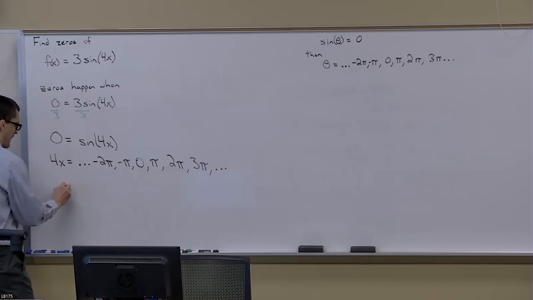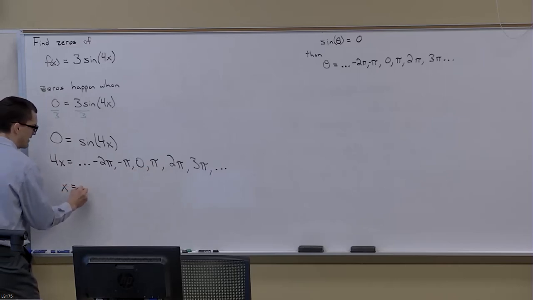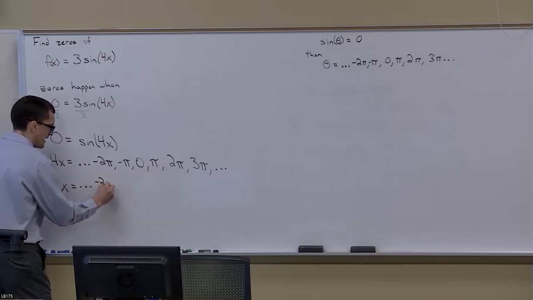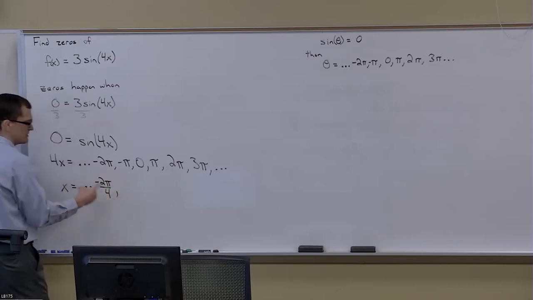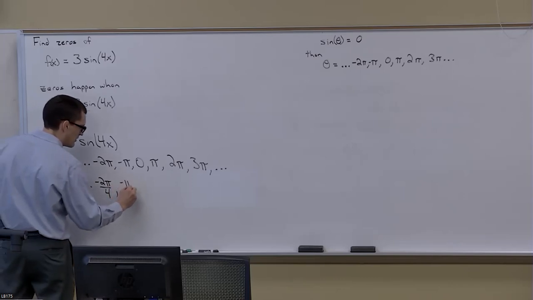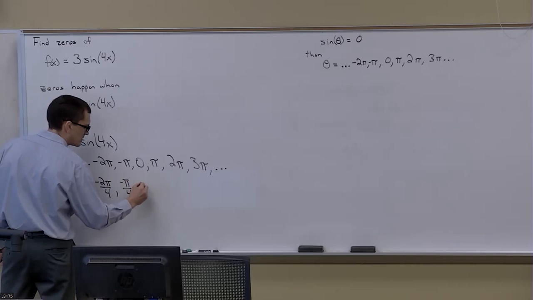So my zeros happen when I get negative 2 pi over 4. You could reduce that, but I don't want to at this stage just because I want to see the pattern in my notes. Does that make sense? Negative pi over 4. 0 over 4, which is 0.